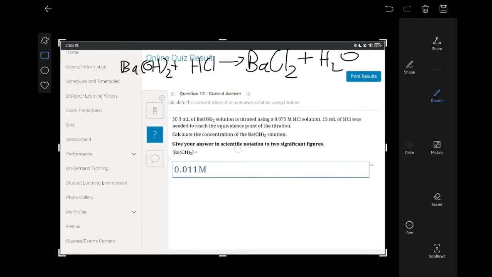If you look here, it's not balanced, so you have 2 Cl and only 1, so you add the 2 here, but now the number of H and the number of O are unbalanced.